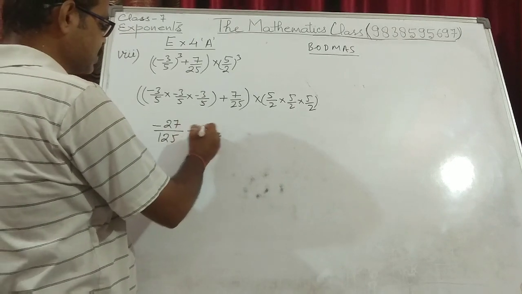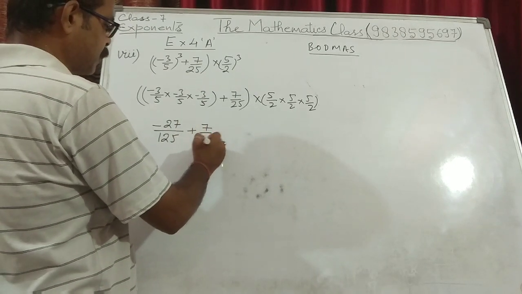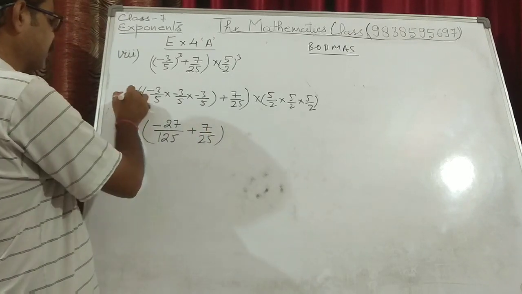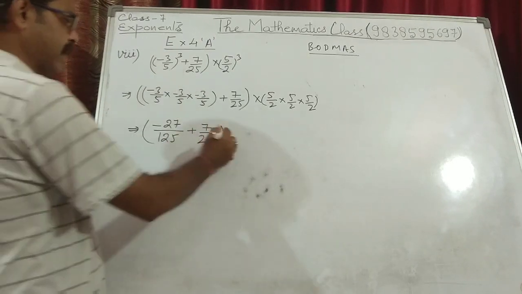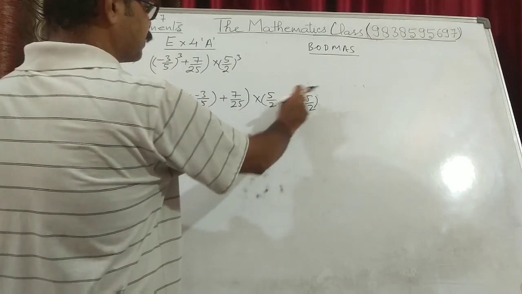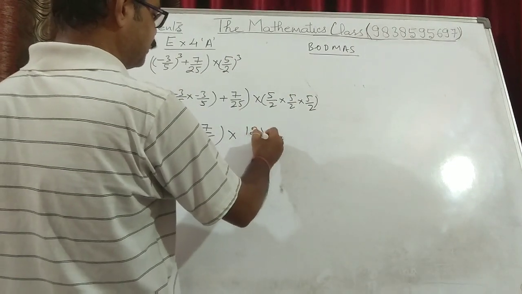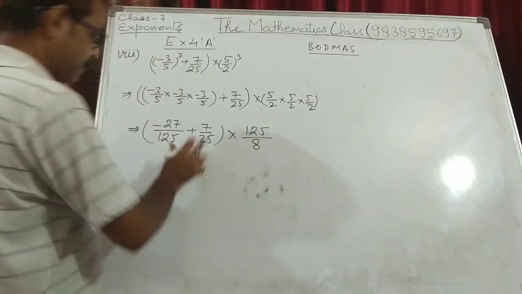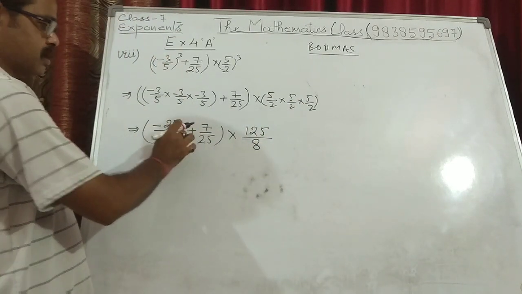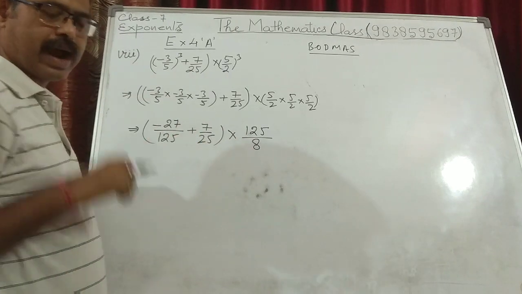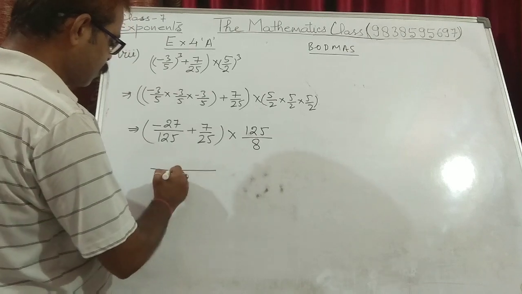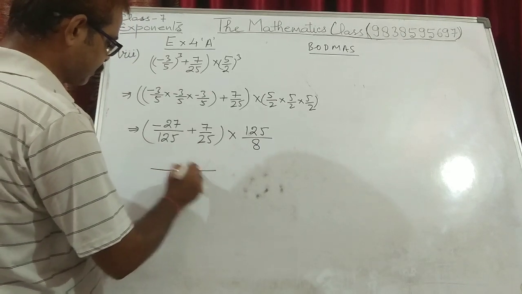Then plus 7 upon 25, and into 5 into 5 into 5 is 125 upon 2 into 2 is 4, 2 4s are 8, upon 8. First of all we will solve this. Since there is a positive sign, how do we add or subtract fractions? By taking the LCM. So the LCM will be 125.